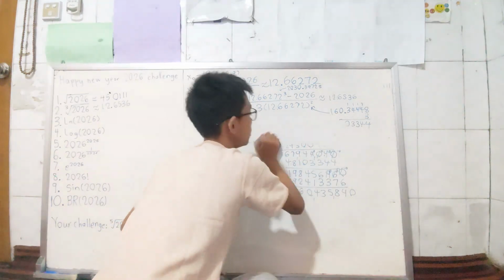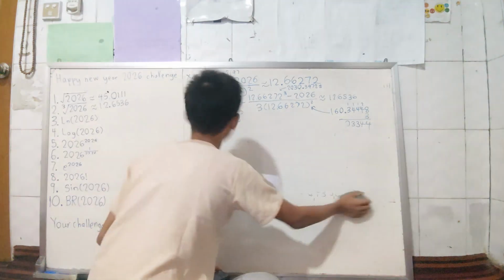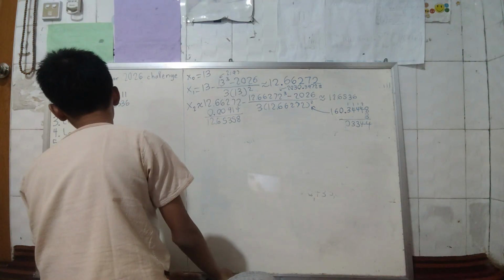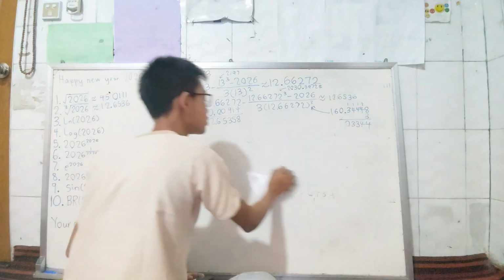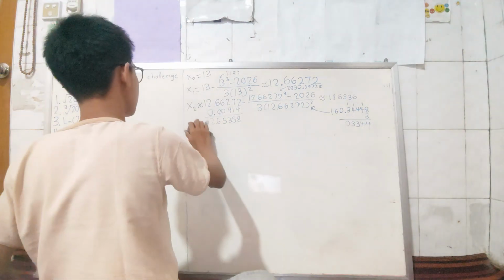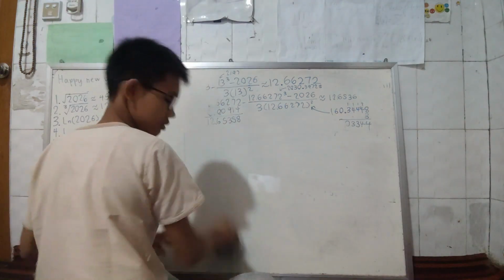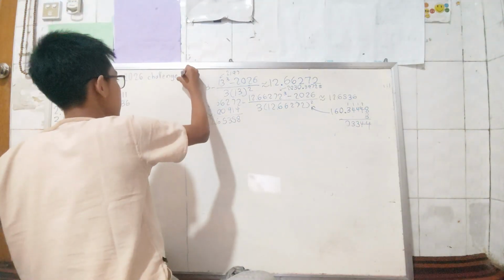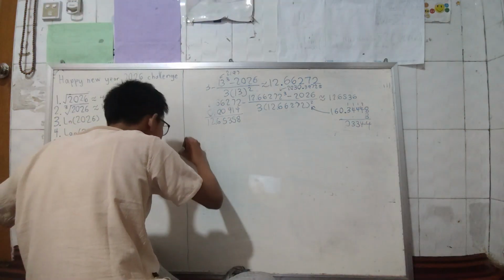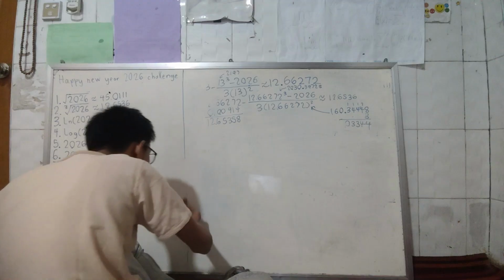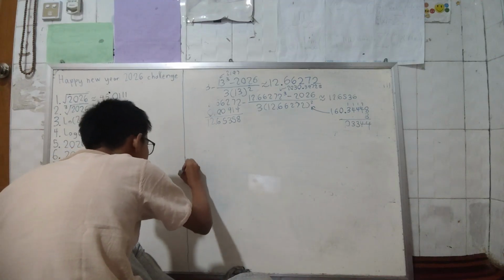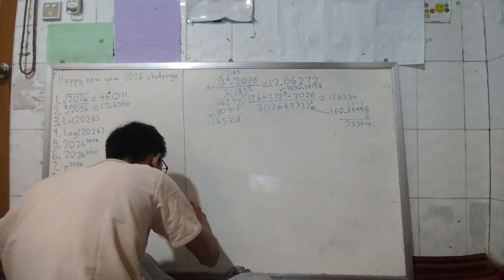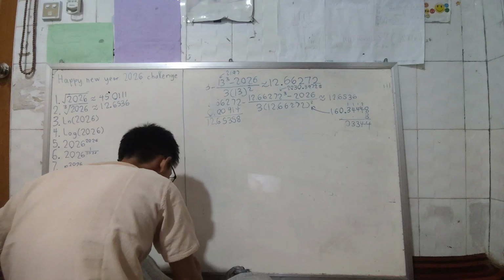So yeah, let's go to number 3, and it says the natural log of 2026. Wait a minute. Okay.